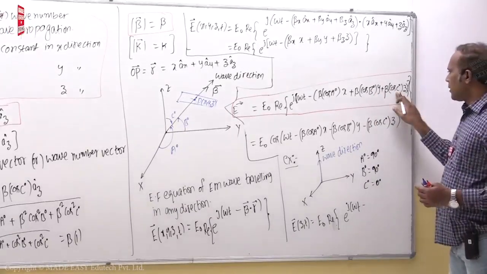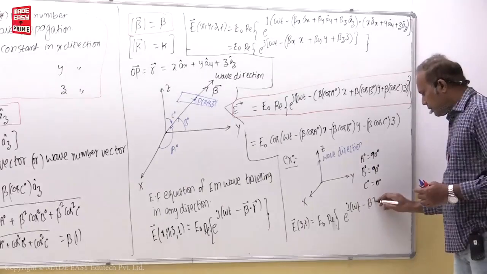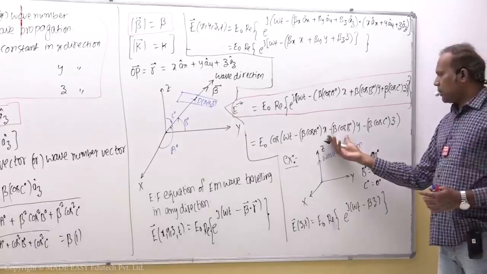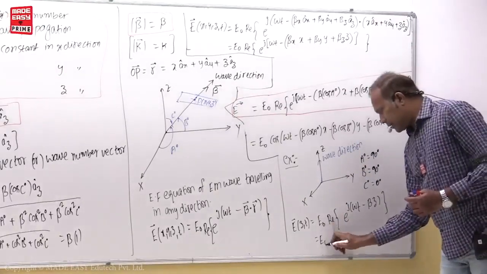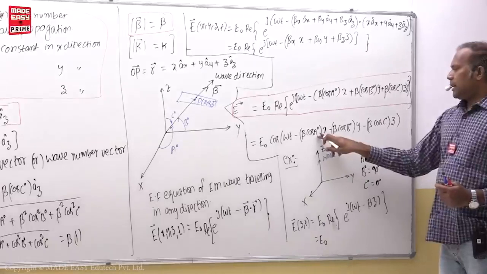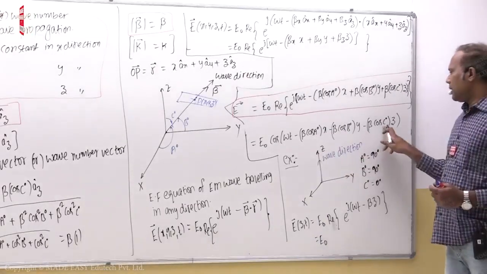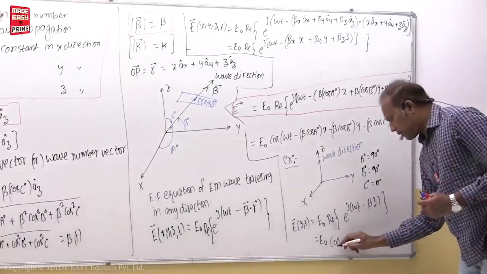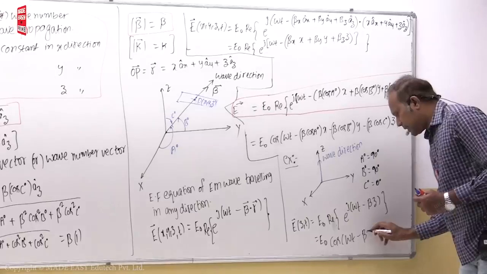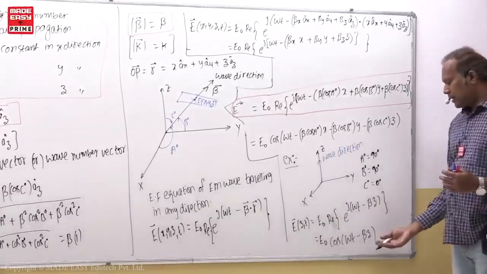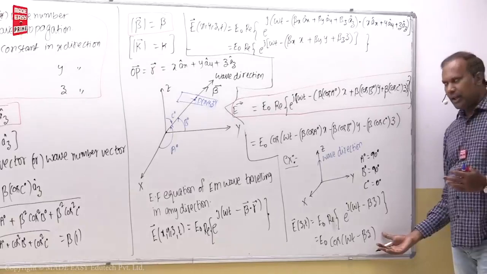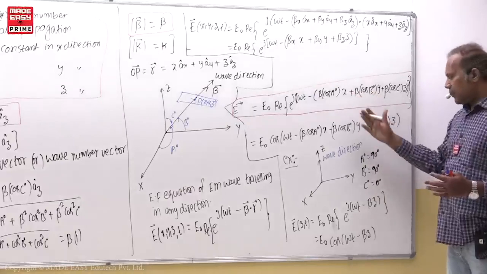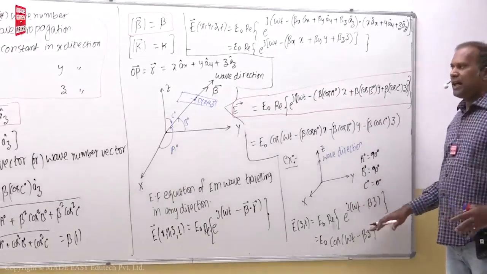C becomes 0, cos 0 is 1, so you get beta z. So E naught into cos of omega t minus beta z. We were studying this equation only for a wave traveling in the z direction. In that way, I have now linked this equation with the equation which we have studied already.